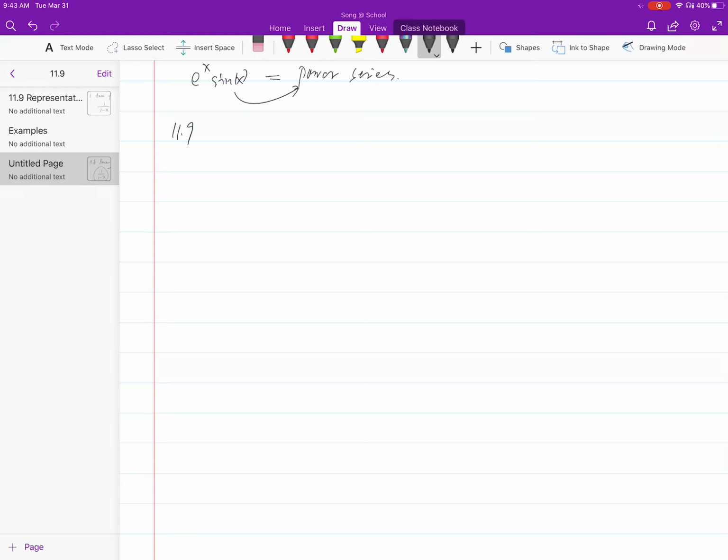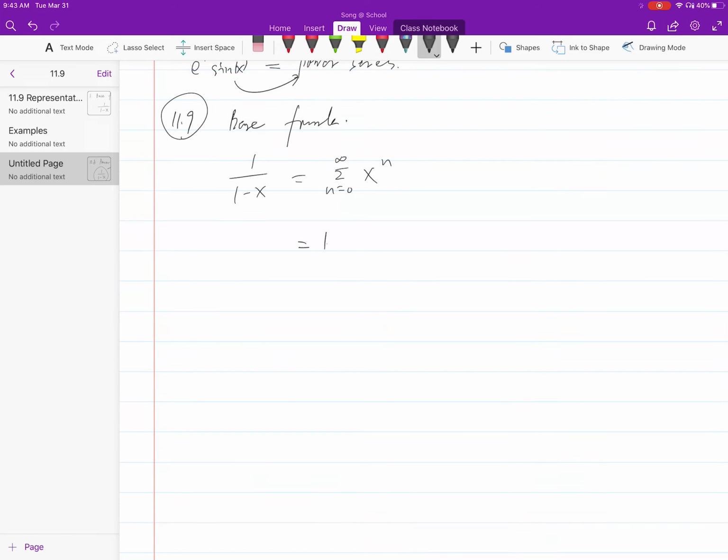We start with a very special example. We are going to write everything in this section based on a base formula, which is the one I just wrote down. The reason we have this, to recall a little bit, is because we have something like this, which is very easy. Then we realize this is a geometric series with r equal to x.